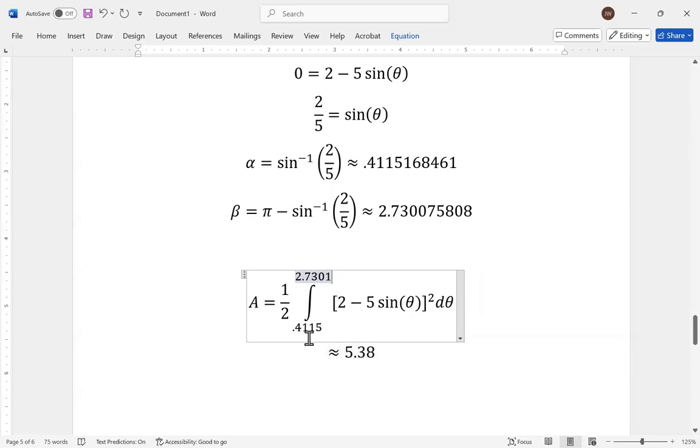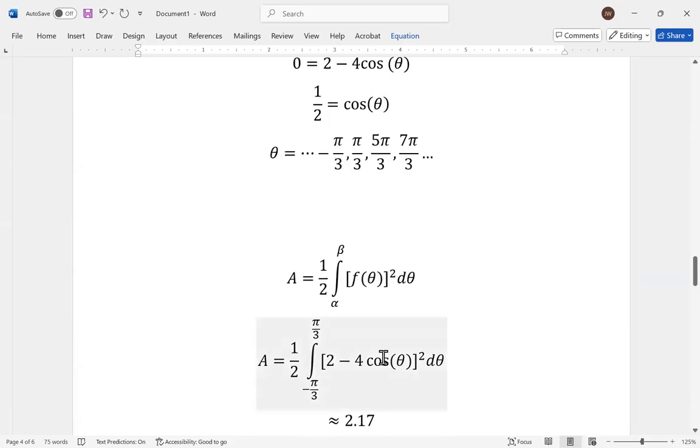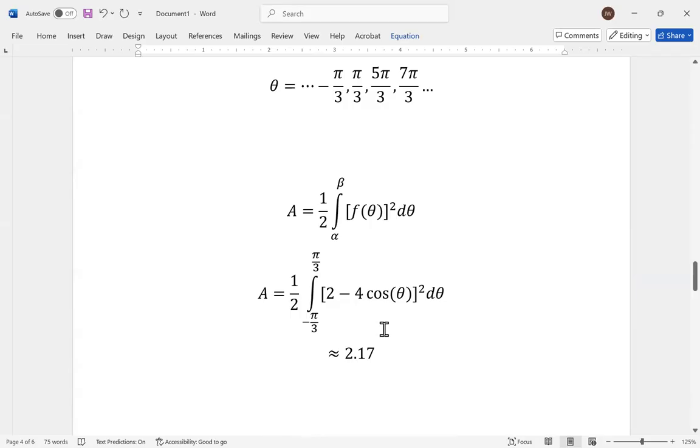Now, this one is not a nice pi times something. If you divide this by pi, you don't get a nice decimal version of something. The same thing was true for the inner loop of 2 minus 4 cosine theta. We got about 2.17, but that was not a nice pi times something.